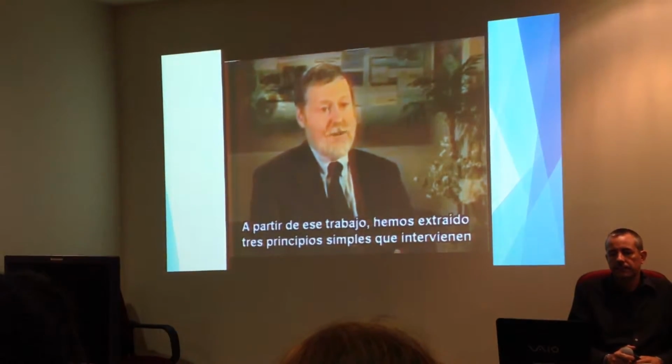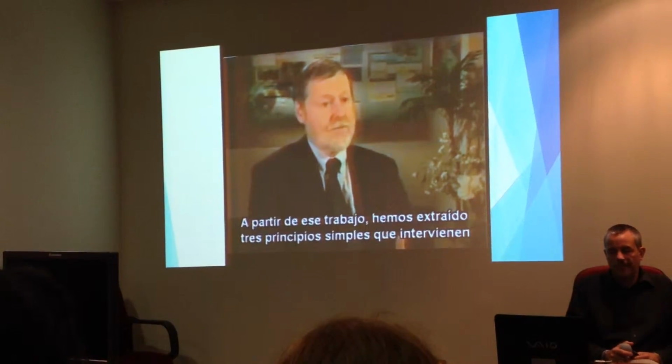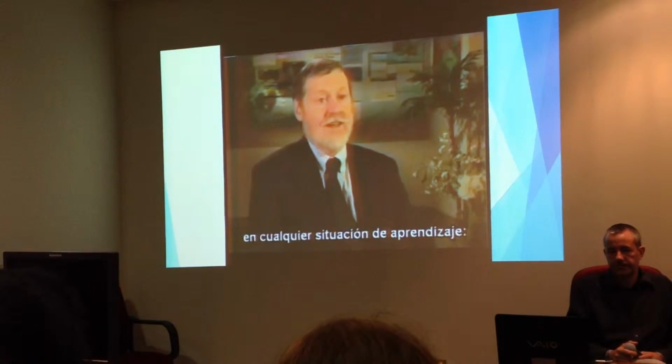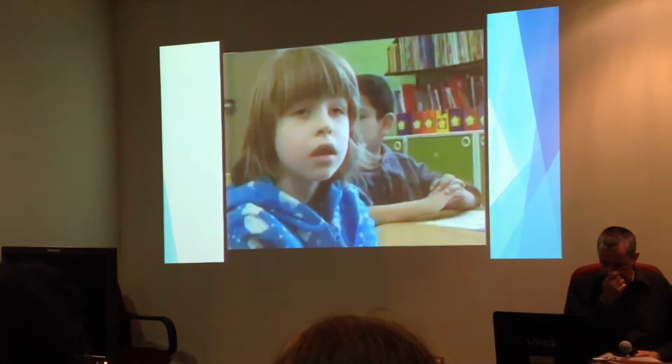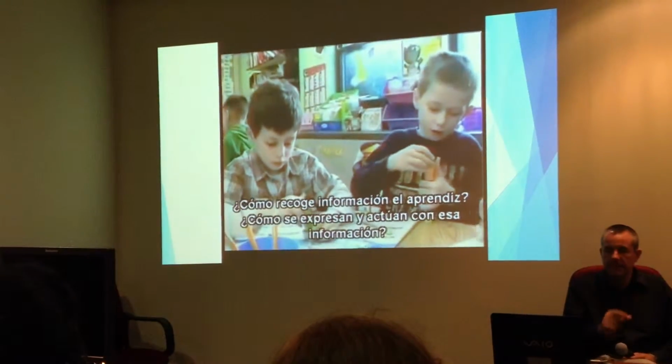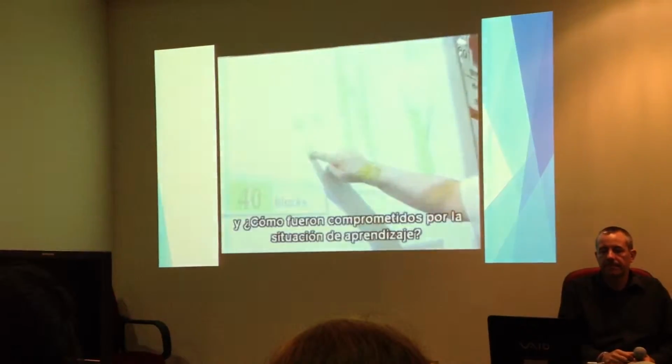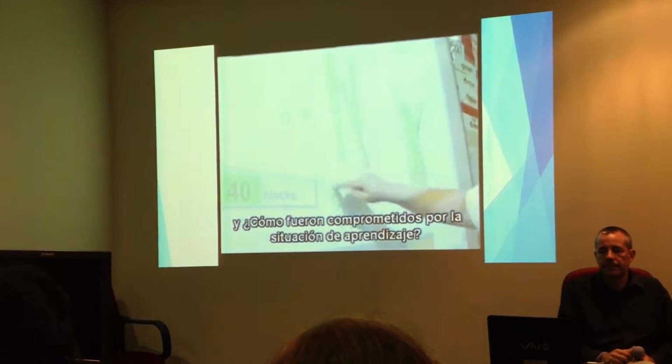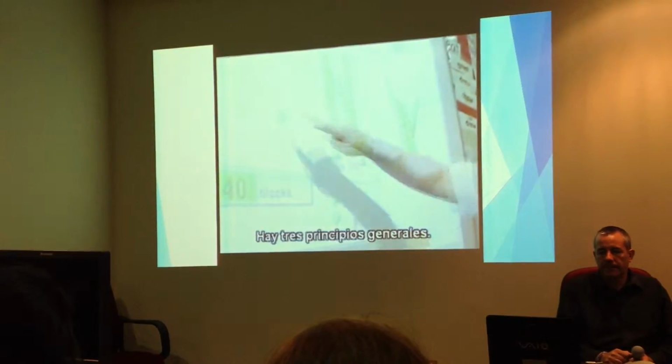From that work, we've abstracted out three simple principles that are involved in any learning situation. How does the learner pick up information? How do they express and act on that information? And how are they engaged by the learning situation?